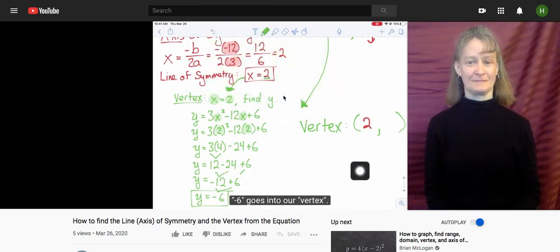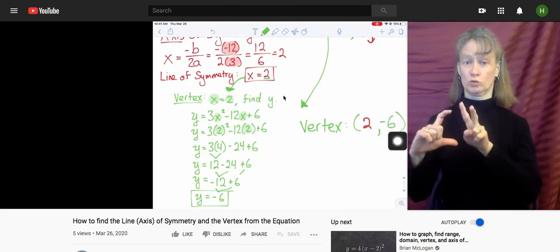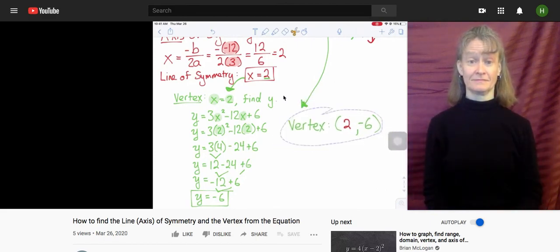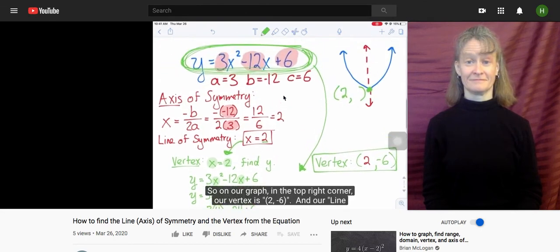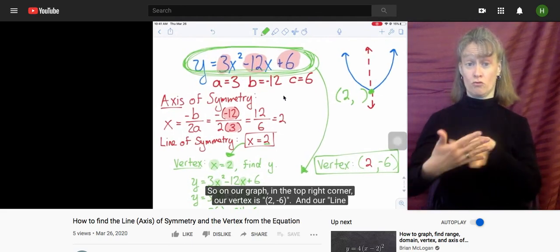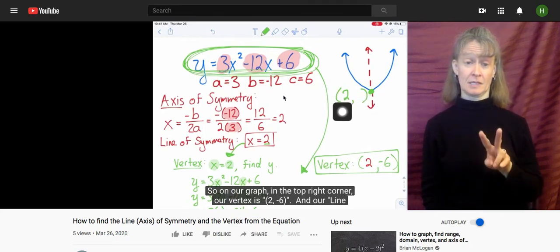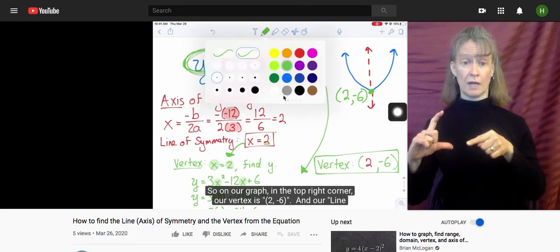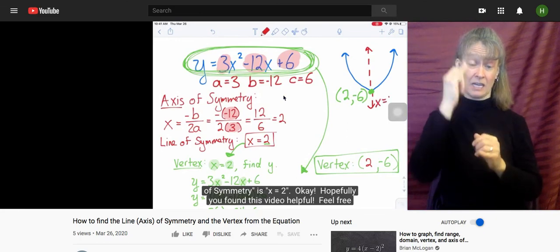So negative 6 goes into our vertex. So on our graph, in the top right corner, our vertex is 2, negative 6. And our line of symmetry is x equals 2.